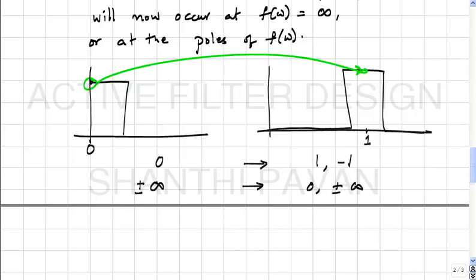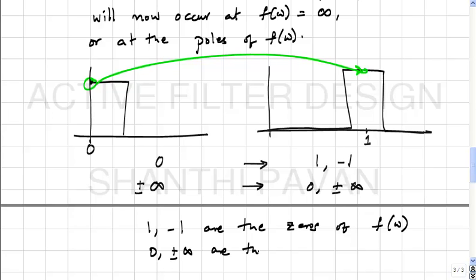So 1 and -1 are the frequencies at which we have zeros of f of omega, and 0 and plus minus infinity are the poles of f of omega.